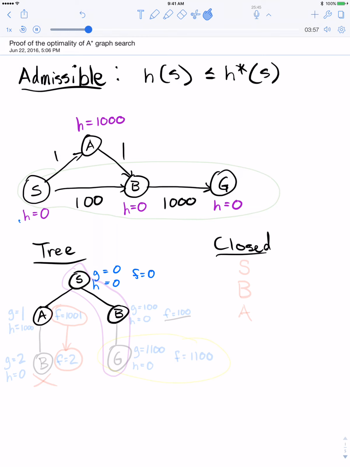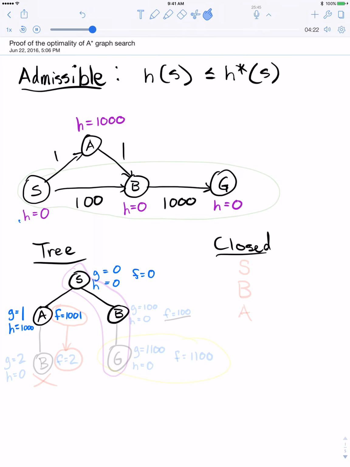Similarly, we need to figure out what the priority for both of these is. So G for A is equal to the cost of getting from S to A along this path. It's just 1. And H, as defined on the graph, is 1,000. So F is the sum of those two, 1,001.